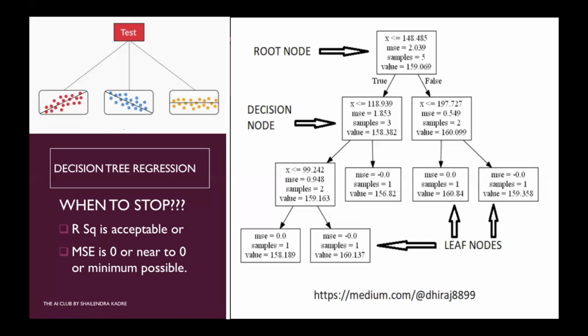Now further down we split again: if X is less than 99.52, you can see the number of samples is going down and the MSE values are slowly reaching towards 0. In this way, we will keep on splitting until we get some R2 value which is acceptable or an MSE which is 0.